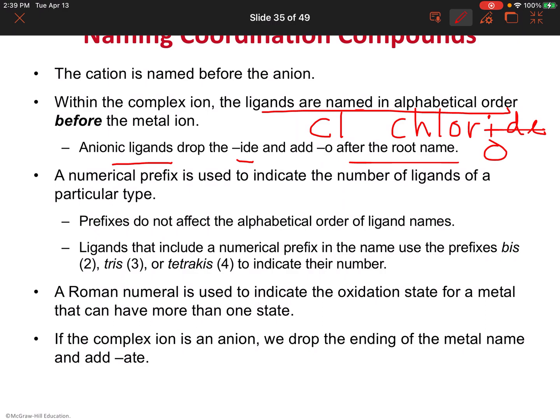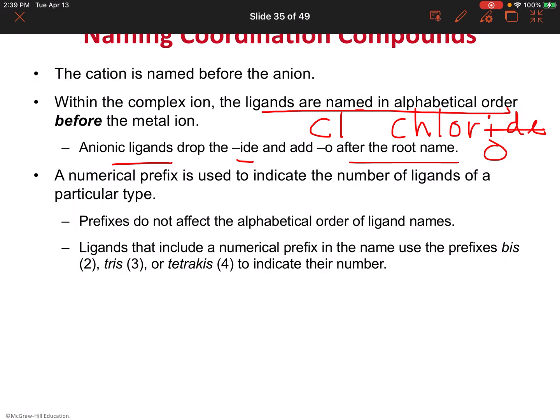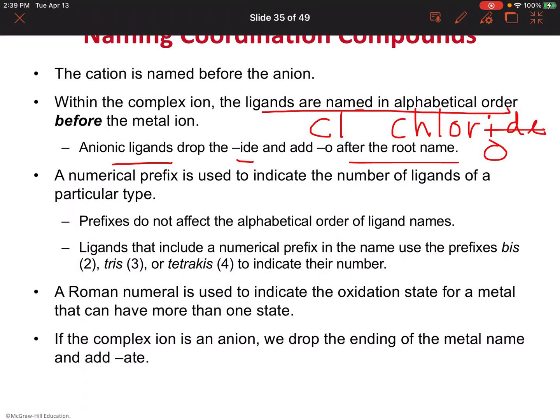And then a Roman numeral is used to indicate the oxidation state for a metal that can have more than one state. Normally we have more than one oxidation state for transition elements. So if it involves transition elements, we have to state the oxidation number of the metal.